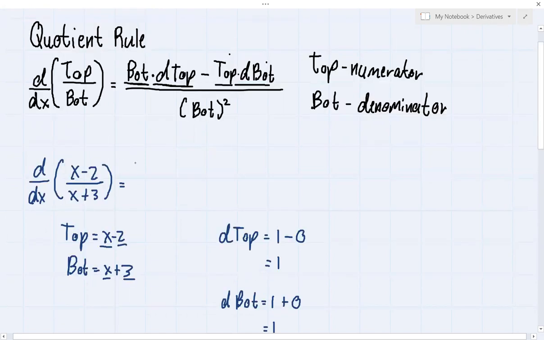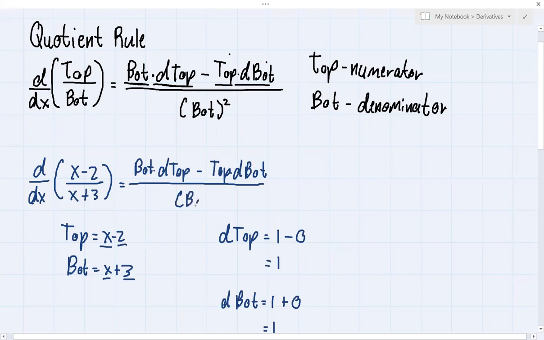So now let's substitute the formula. Bot d top minus top d bot all over the square of bot or bot squared. So bottom or bot is x plus 3 times d top or derivative ng top which is 1 minus top which is x minus 2 times the derivative of bottom which is 1.